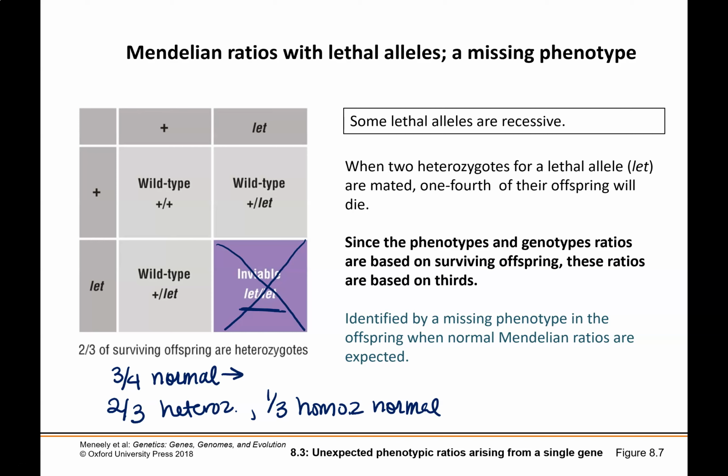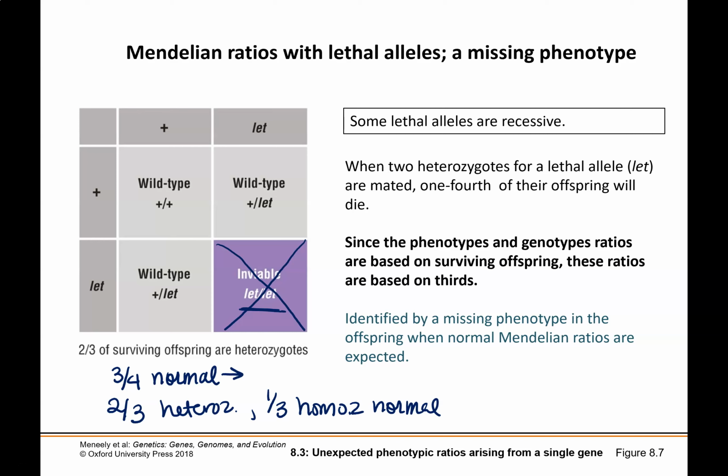Tay-Sachs is another one. And then we also have Huntington's disease, which is actually a dominant lethal allele, because individuals that have the dominant allele usually end up dying, and along the way they have a lot of neural degeneration and mental deterioration related to that.